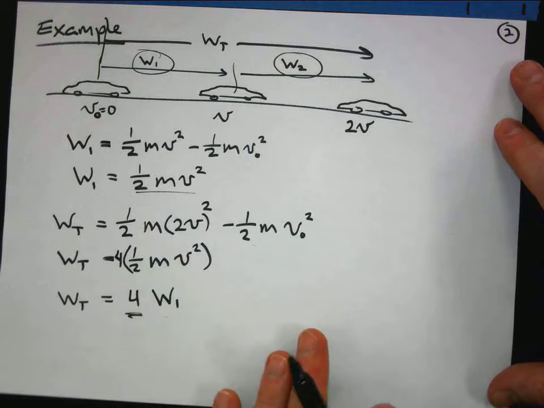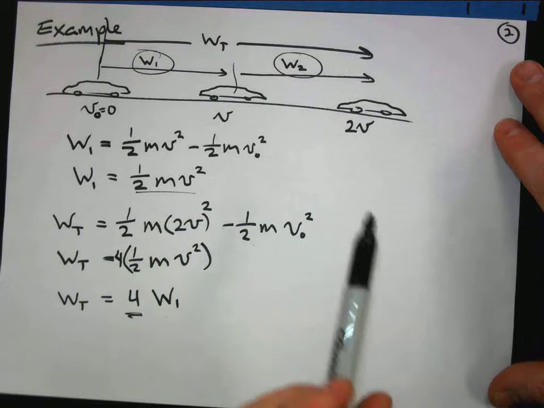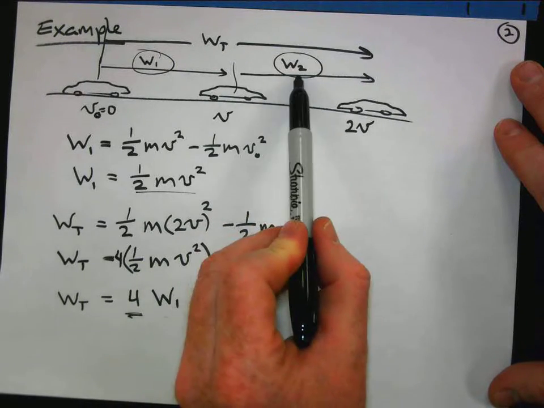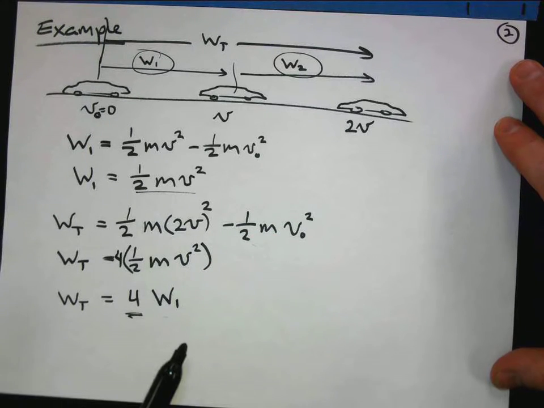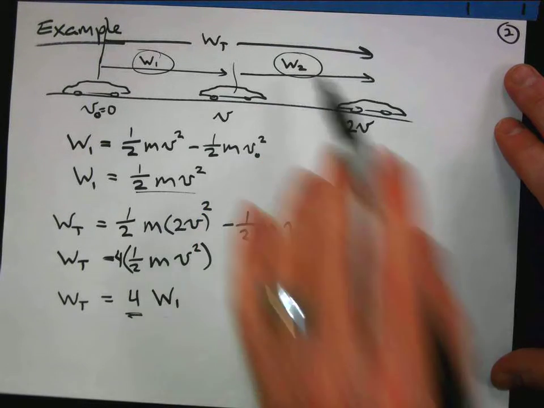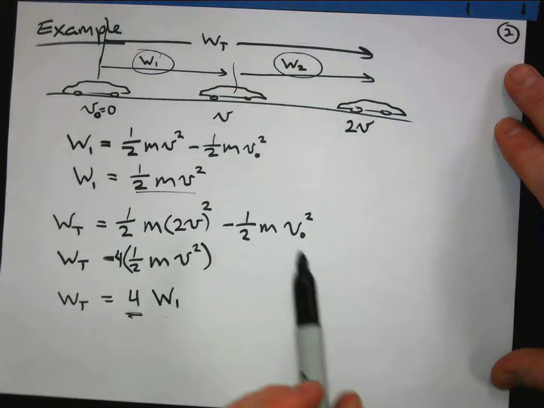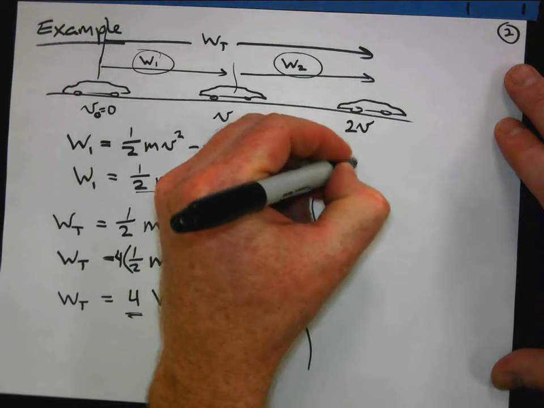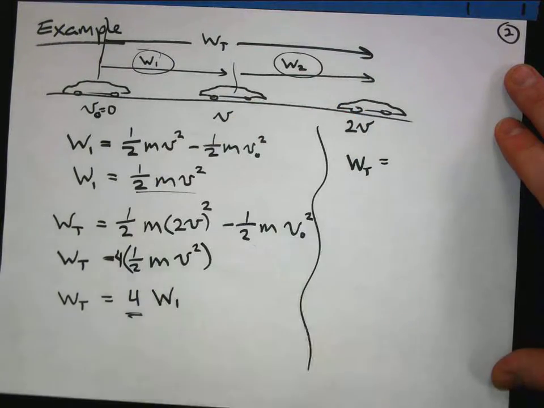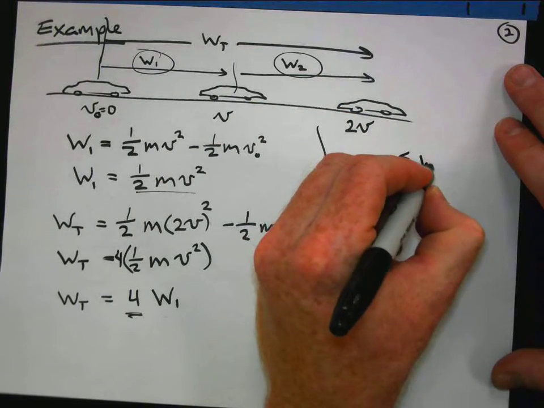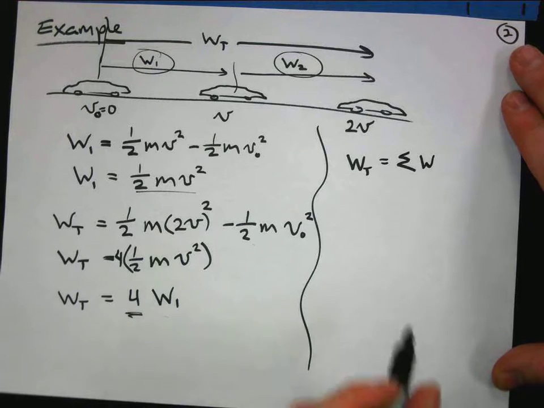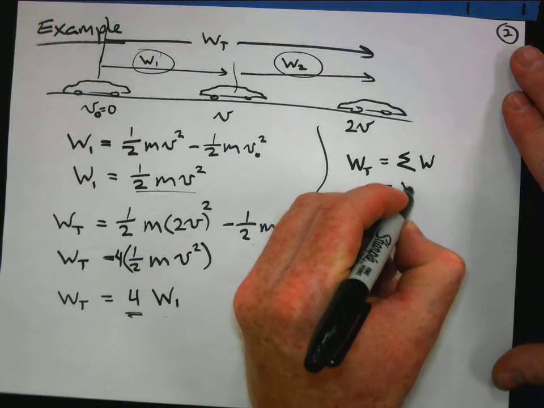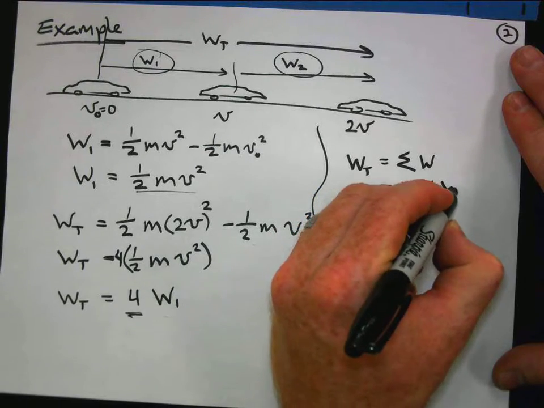Keep this in mind. This is a really good example to understand really well. So what does this mean, though? What is work part 2? Okay, this is kind of a simple thing to look at. We know the total work can be equal to the sum of all the individual works that are done, and the sum is just going to be, well, work 1 plus work 2.